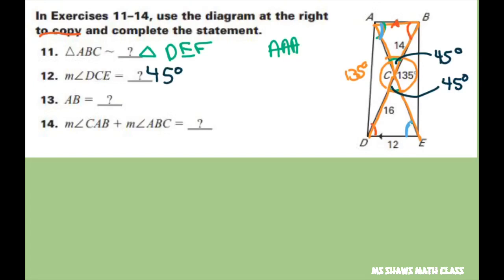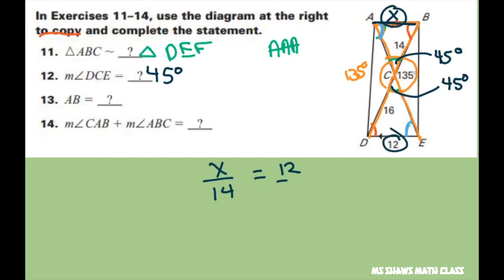Now we want to find the measure of AB. So we're going to say, let's just do the triangles. We'll call this X. X is to 14 as 12 is to 16. We're matching this up.